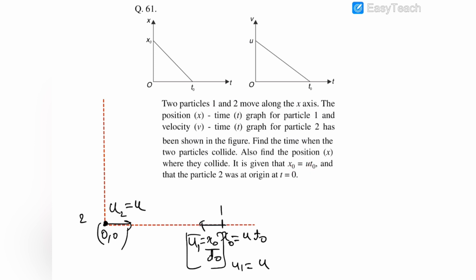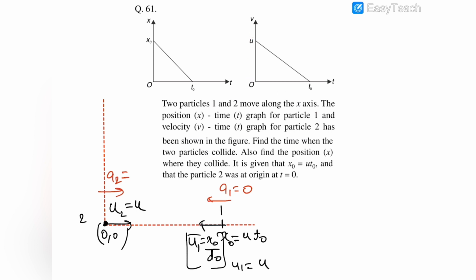The acceleration of particle 1, a1, is 0, because this is a displacement time graph and it is a straight line. The acceleration of particle 2, a2, is equal to the slope of this graph. Its slope is negative, and it is u by t naught.